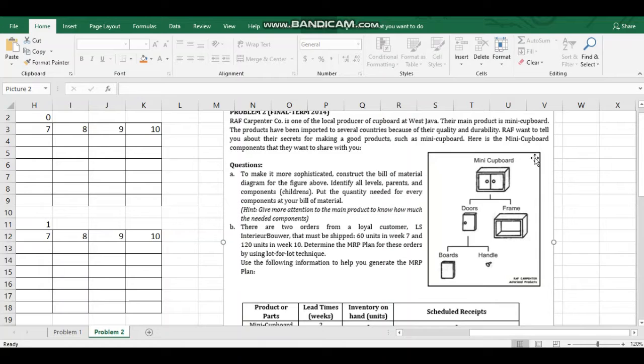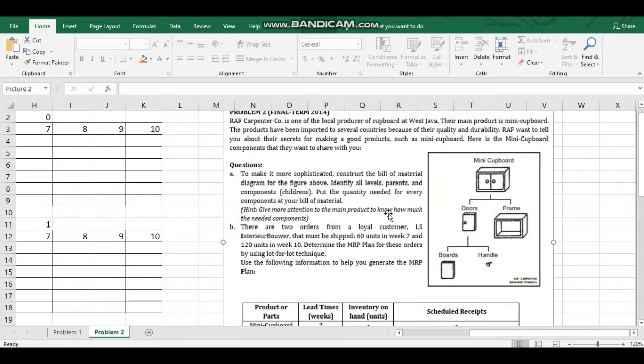So we could say that on level 0 there is the mini cupboard, on level 1 there are doors and frame, and on level 2 there are boards and handle. Mini cupboard is the parent, and doors and frame are its children, while doors could be a parent too for boards and handle. So doors have 2 roles, as a parent and as a child.